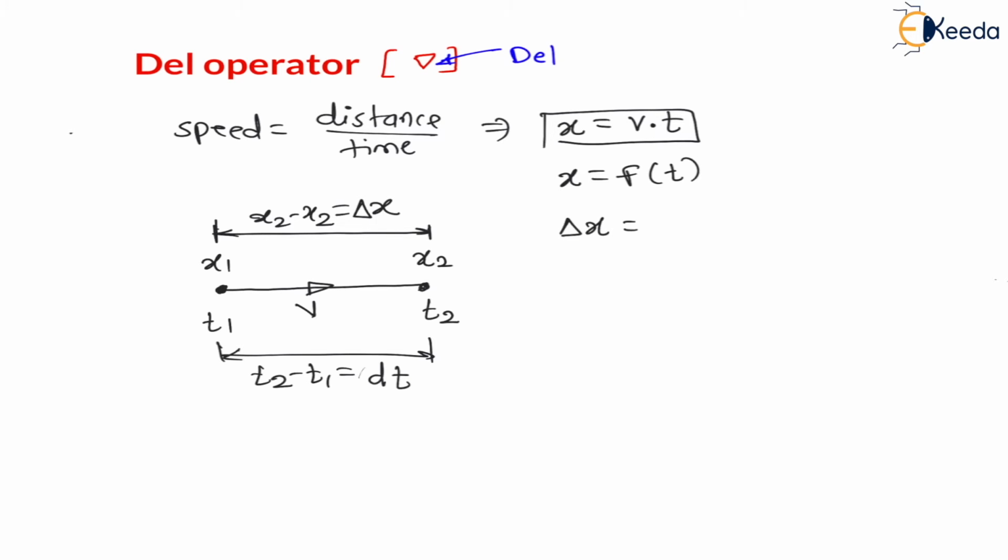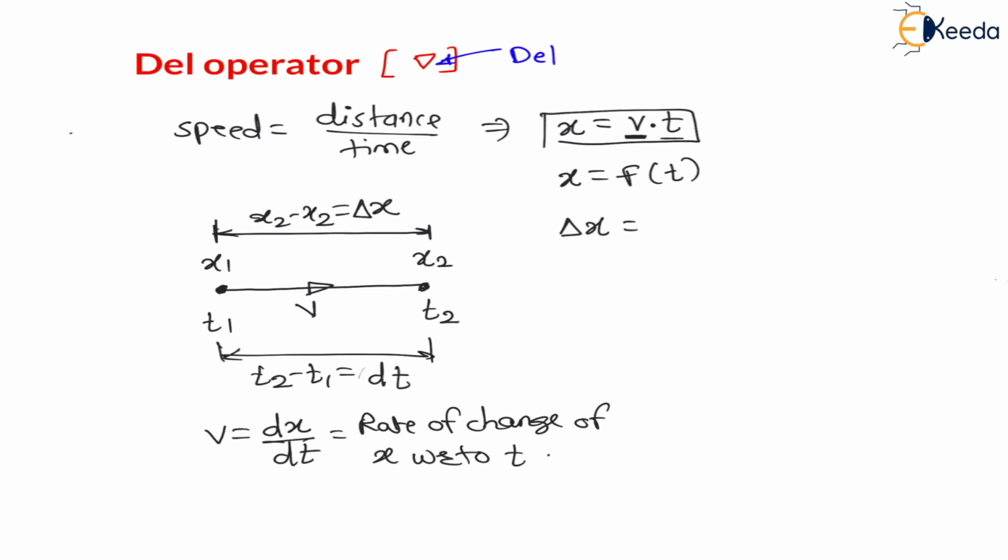As x is a function of time, change in x is nothing but speed into time. This speed becomes change in x with respect to change in time. This is called the rate of change of x with respect to time t, which is nothing but speed.